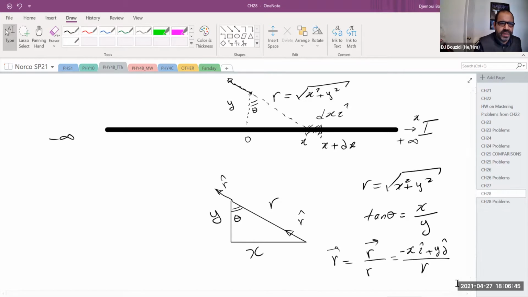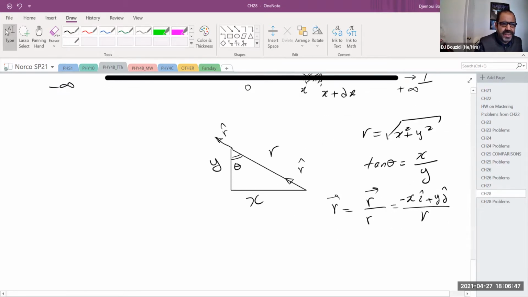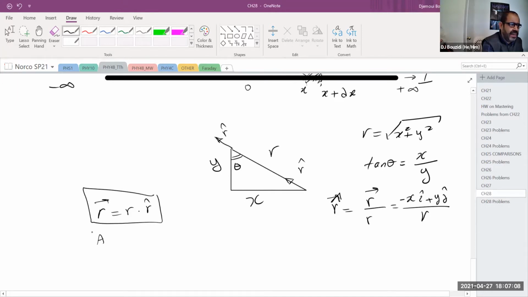This is not r, this is the vector r hat, I'm sorry, which is the entire vector divided by its length. So that is actually the unit vector, because you can always write r as its length times r hat. Any vector a that is parallel to r hat can be written as the length of a times r hat. So r hat is just the ratio of the vector r over r.